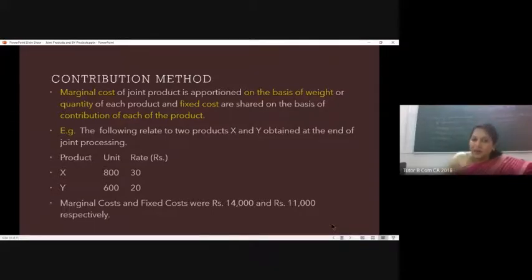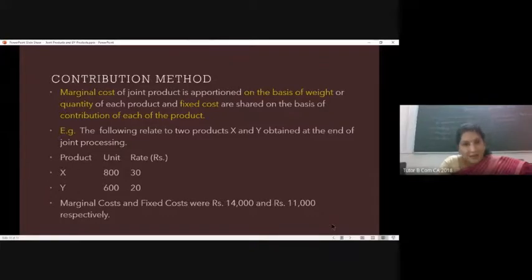Next, we discussed accounting for these different joint product costs. We said there are basically 8 methods which we are going to learn, and today we discussed 4 methods. The first one is the physical unit method, where the unit, the quantity, the volume was taken as the apportionment basis.